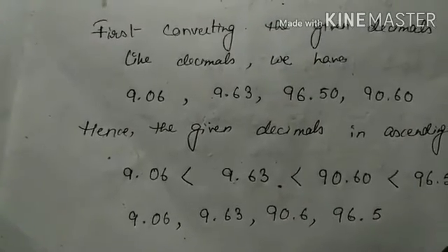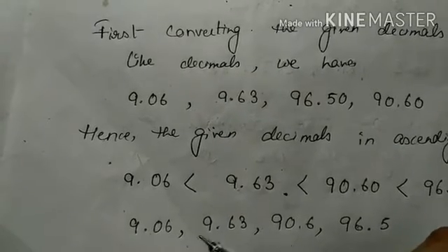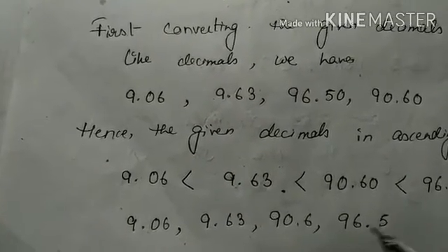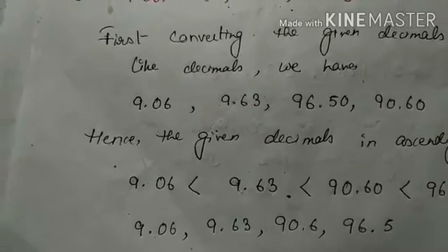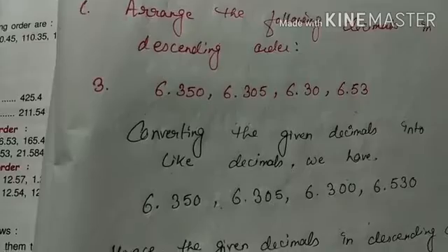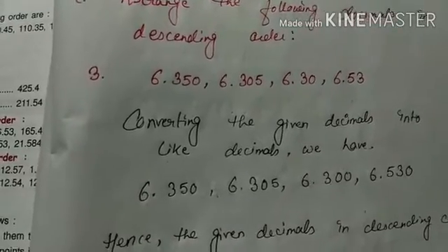So 9.06, 9.63, 90.6, 96.5. Now arrange the following decimals in descending order, decreasing order.